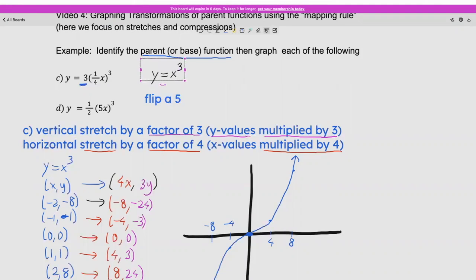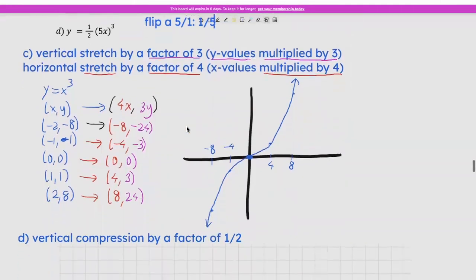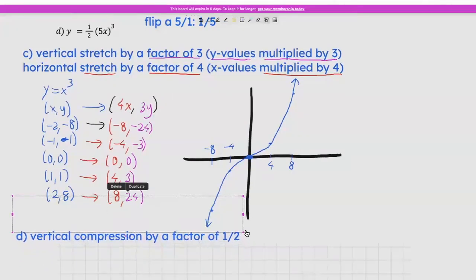Flipping a 5, which by the way is 5/1, it becomes 1/5. So instead of doing a horizontal stretch, when you flip a 5, it becomes 1/5. And by multiplying a number by 1/5, it becomes smaller. So I'm going to call it a horizontal compression. Numbers get smaller, it's a compression.